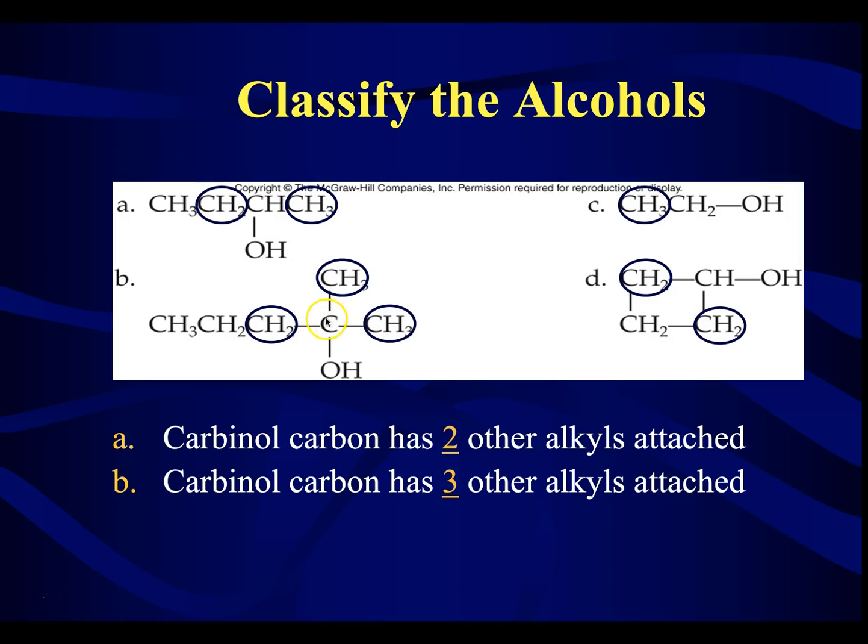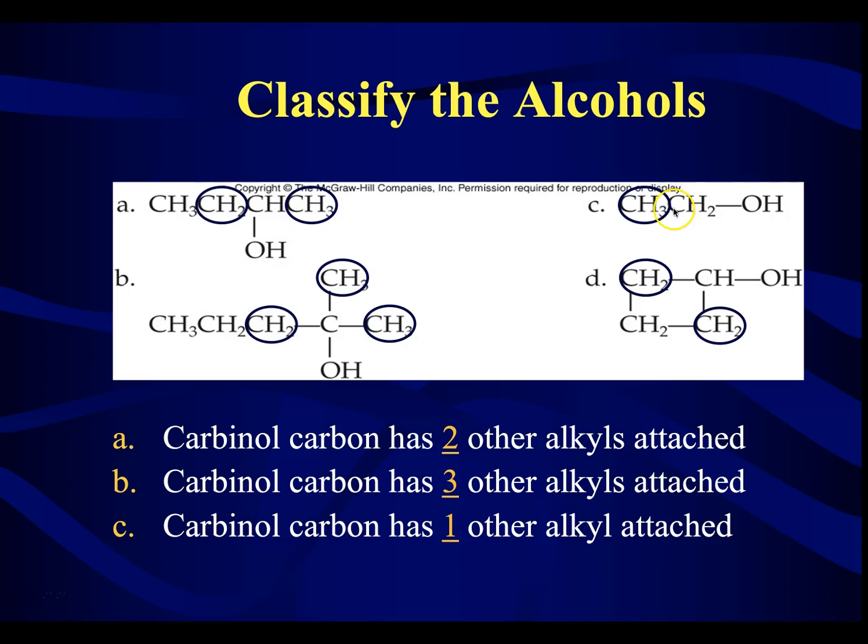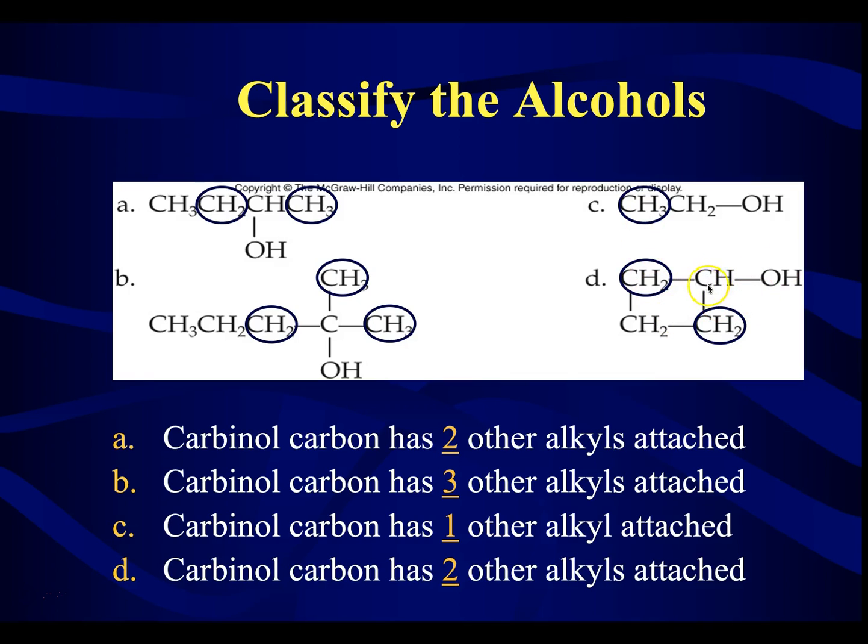Whereas B, the carbon here is the one that's attached to the alcohol. So here's our carbonyl carbon. It's got 3 carbons attached, so it's going to be a third degree alcohol. C, here's our carbonyl carbon. It only has 1 other carbon attached, so it's first degree. And then for D, here's our carbonyl carbon with the OH attached. I have 2 other carbons attached to it, so it is a second degree alcohol.